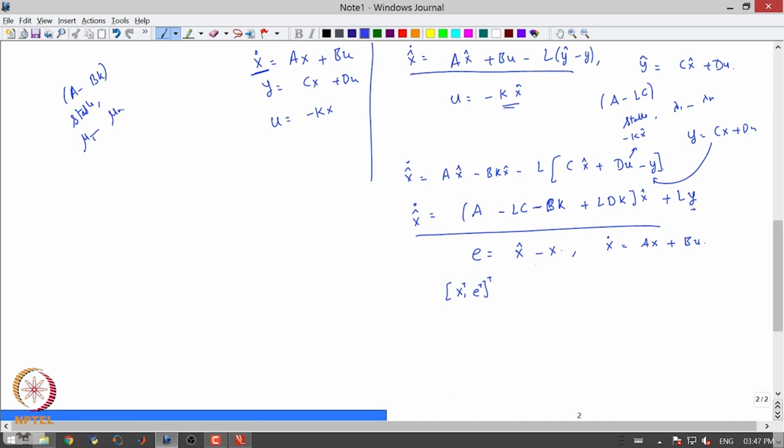So, first, what do I have now about E? E dot is A minus L c times E, that is what we derived earlier. Moreover, x dot is A x plus B u, and u is minus k x hat.